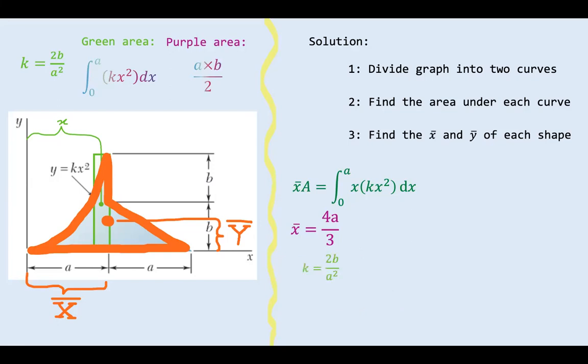And if you do this multiple times and then plug in k equals 2b over a squared, like we found before, you should get eventually that x is equal to a. So basically the x-coordinate of the centroid for the whole resulting shape is equal to a.